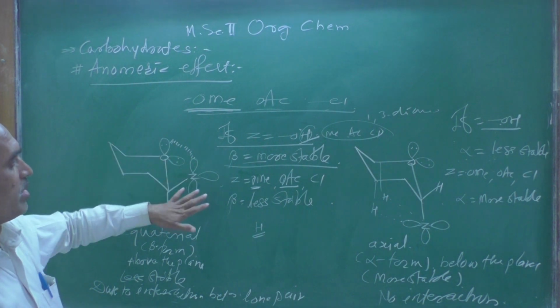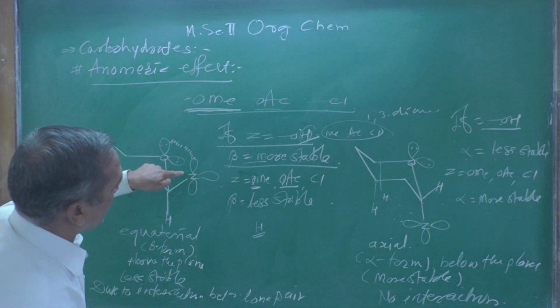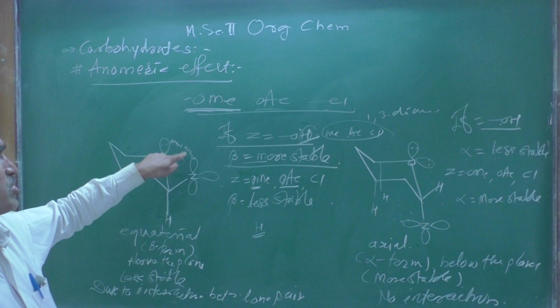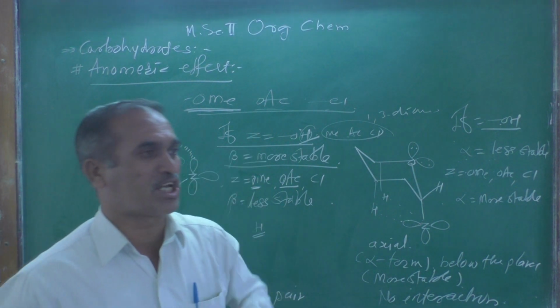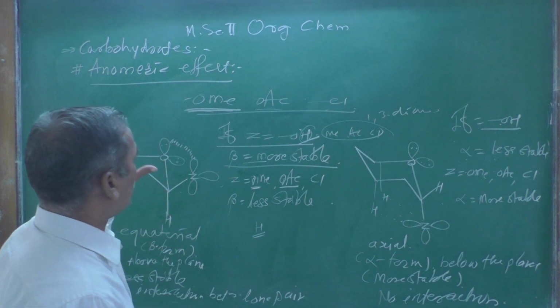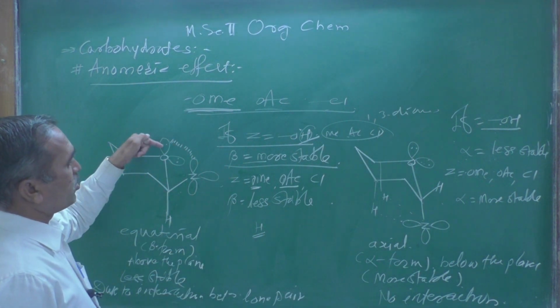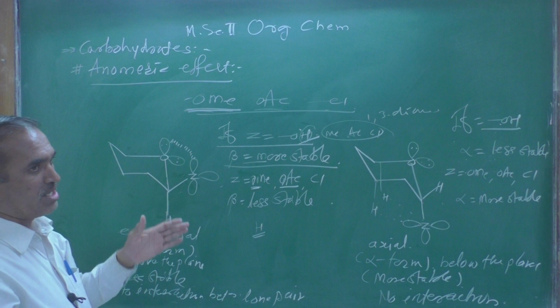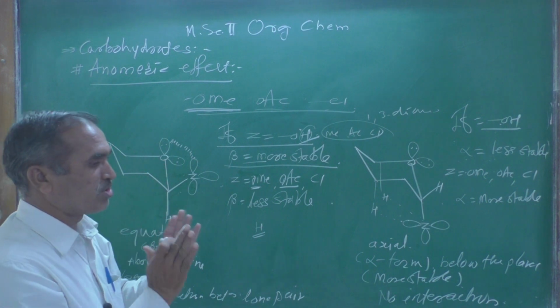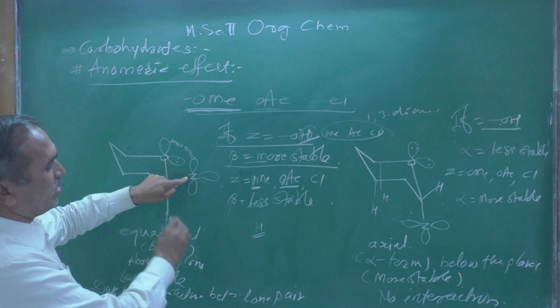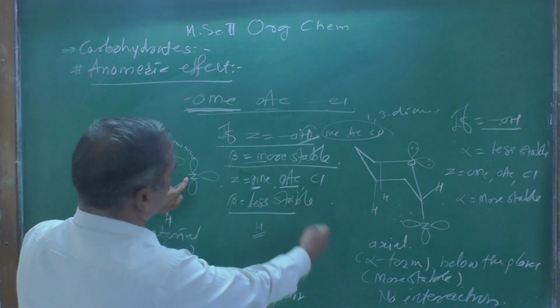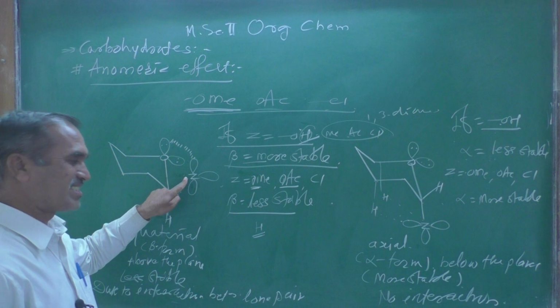When they are bigger and present at the equatorial position, such bond orbital interactions are generated, and due to that orbital non-bonding interaction, there is insufficient space, or they create a lot of steric interaction, and that is why the beta form becomes less stable.